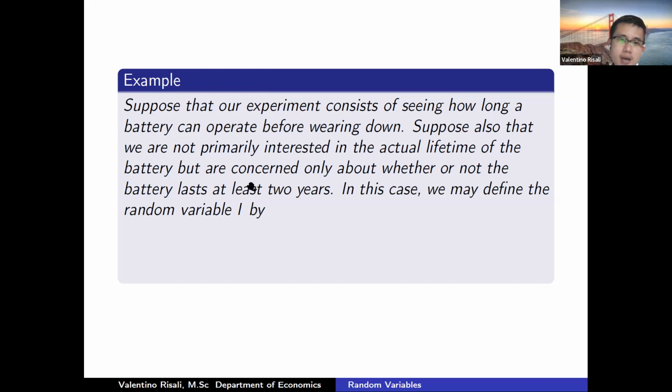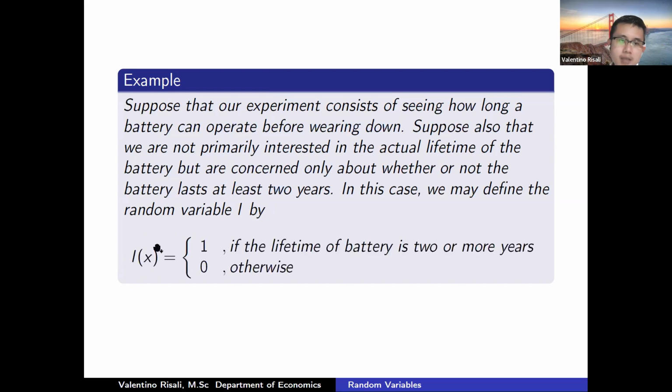So we can define a random variable like this. That is, X is 1 if the lifetime of the battery is at least 2 years. And then we give the value 0 for the other situation, in this case, before 2 years, right?